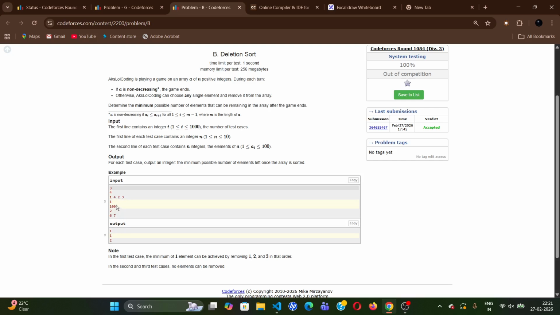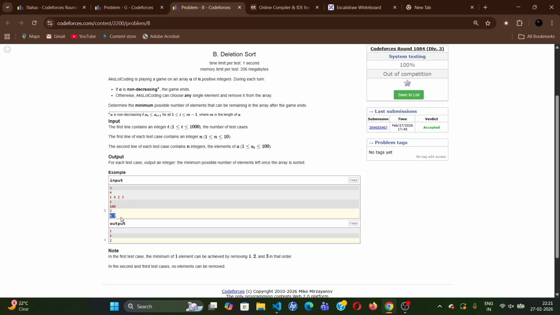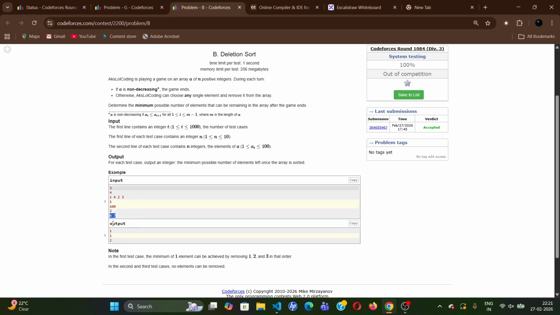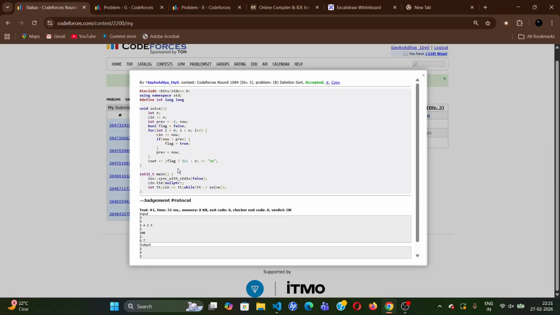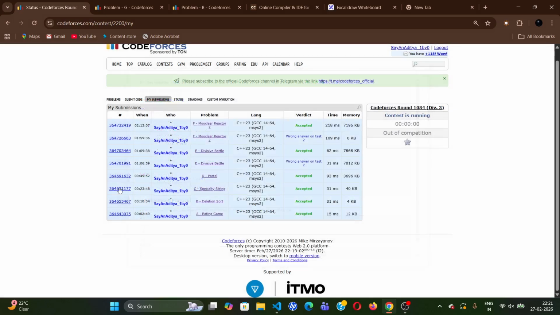And if there is no inversion, like it's increasing, not decreasing, in that case the answer will be the size of the whole array. So the flag checks if the current one is less than the previous, that is, an inversion exists, and then the answer is 1, otherwise the length of the whole array.